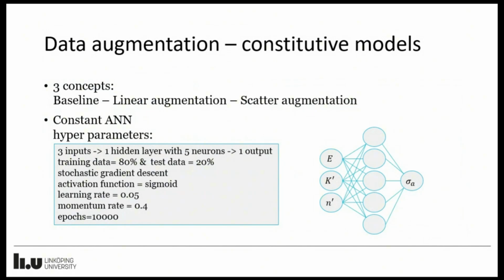And we're using 80% of the data for training and 10-20% for test. We don't have a validation set, because we want to have it constant, because we're going to run all of the simulations through 10,000 epochs. Stochastic gradient descent and a sigmoid, and the learning rate and momentum rate are also constant.